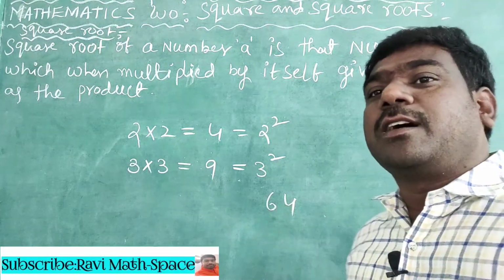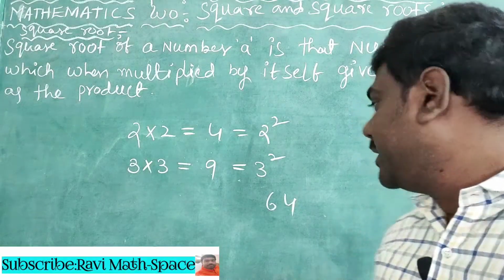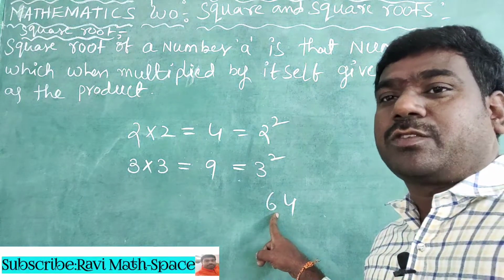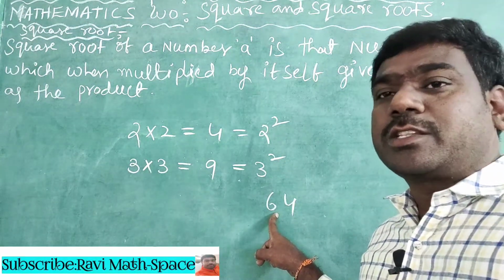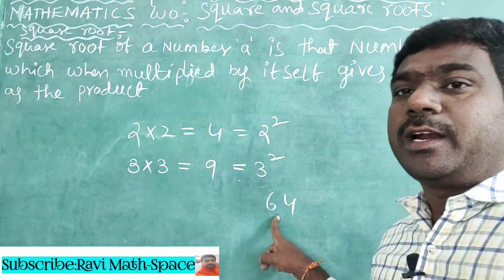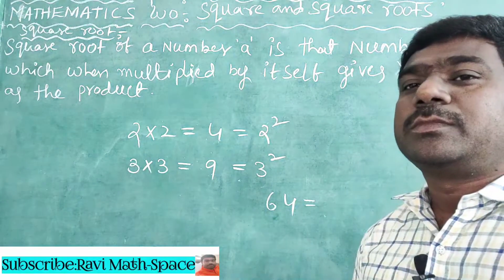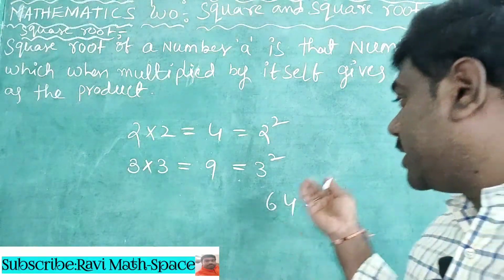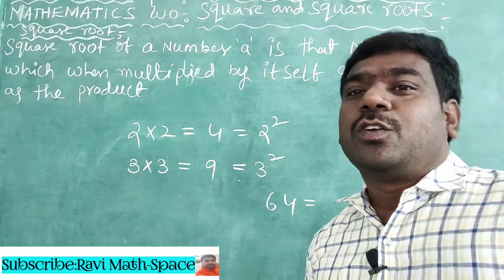Why? Because we already learned 25 squares thoroughly. That's why 64 is a perfect square, which is nothing but 8 square is equal to 64. Understand here. How can we verify this? Because it is a smaller number, we can find it very easily, since we have already learned 25 squares.